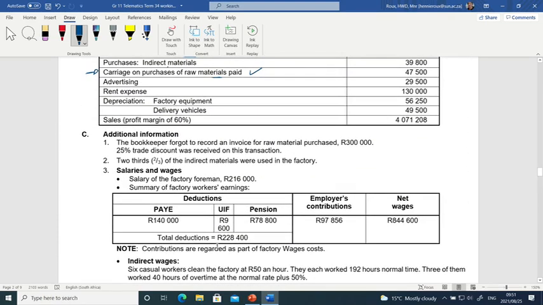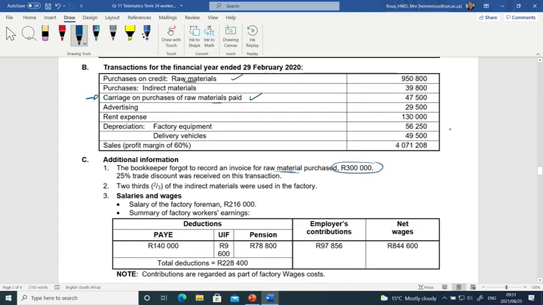That was for carriage, it was paid cash. Then in information C, the bookkeeper forgot to record an invoice for raw materials purchased, 300,000. So that is what we purchased at the beginning, given there, the 950,800. But there was a 300 that was not included there. So we must still include that, and then it says a 25% trade discount was received.